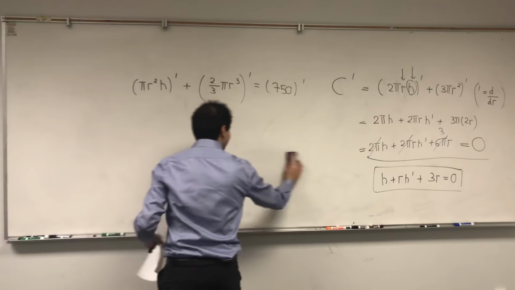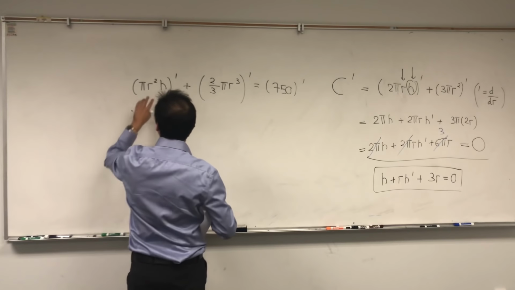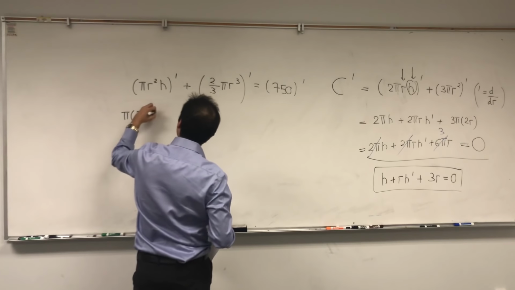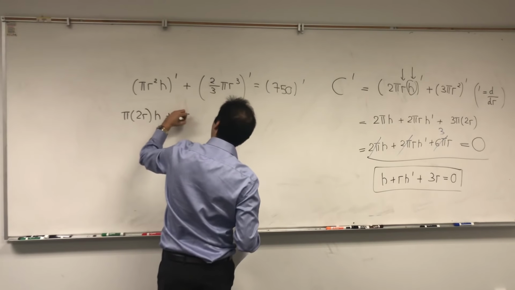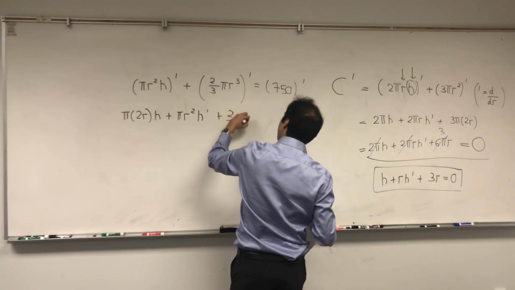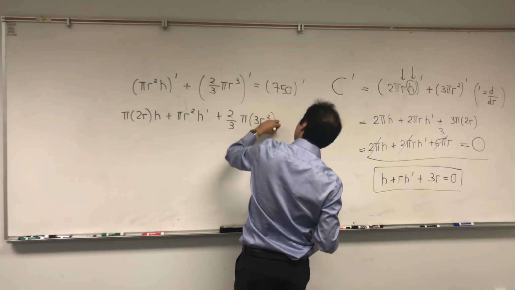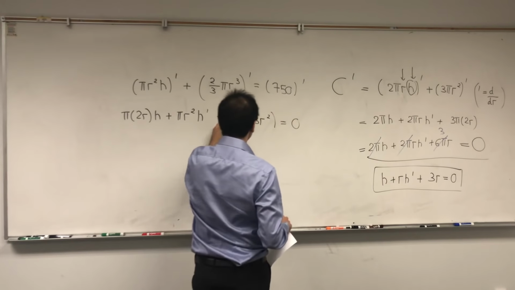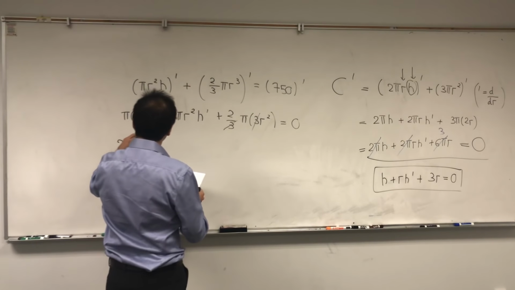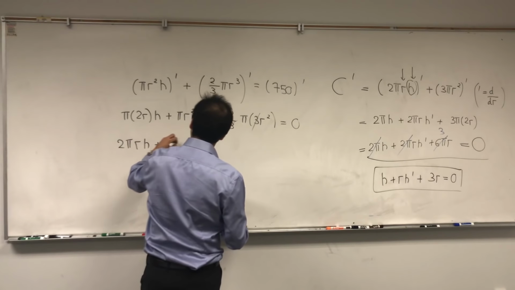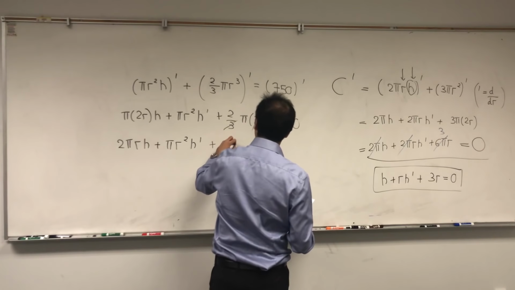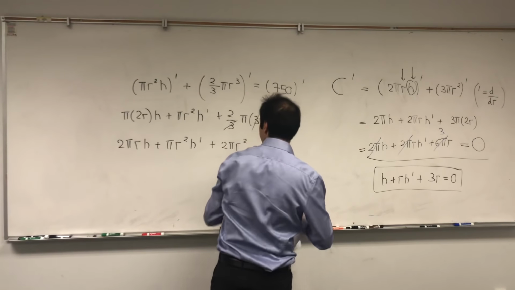What you end up with, using again the product rule, is pi times 2r times h plus pi r squared h prime, and then plus 2/3 pi times 3r squared equals 0. This simplifies, and we get 2 pi r h plus pi r squared h prime plus 2 pi r squared equals 0.